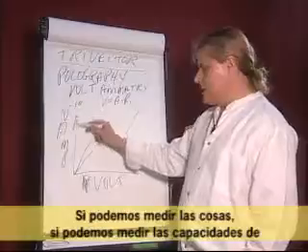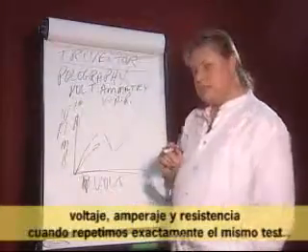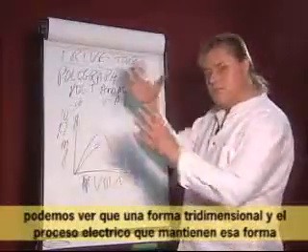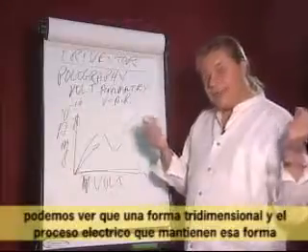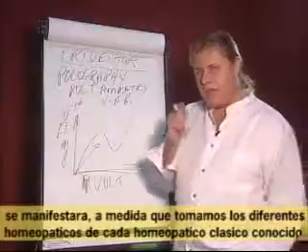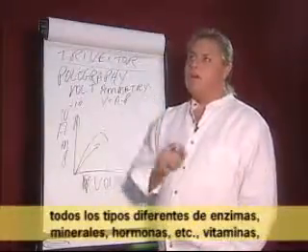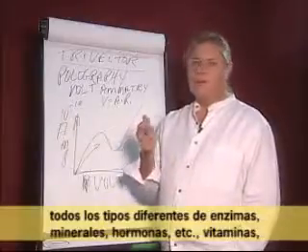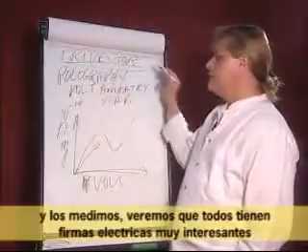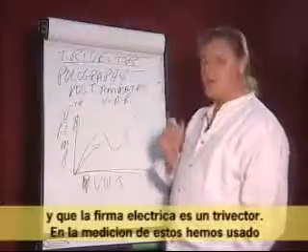If we measure the items, if we measure their voltage, amperage, and resistance capacities when we do exactly the same test, we can see that a three-dimensional shape, an electrical process that helps to hold that shape, will manifest. As we take the different homeopathics, every known classical homeopathic, all different types of enzymes, minerals, hormones, vitamins, etc., and we measure them, we can see that they all have very interesting electrical signatures, and the electrical signature is a trivector.